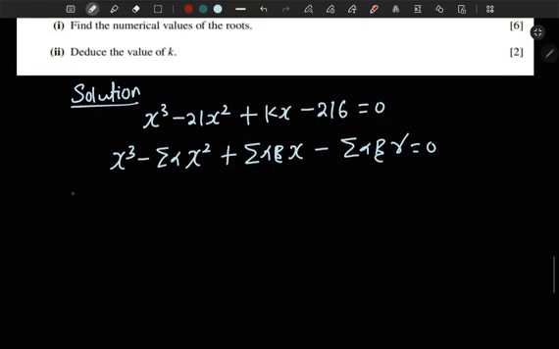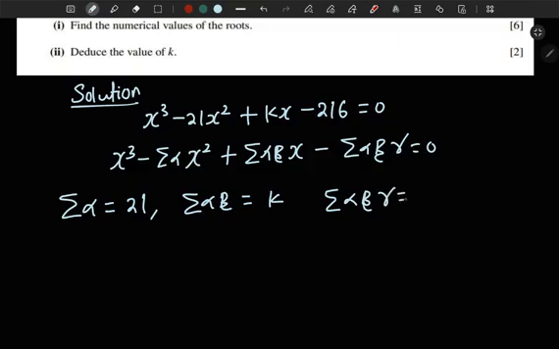When you compare, you realize that the sum of the roots is 21, the sum of the pairs of roots is k, and the product of the roots is 216.